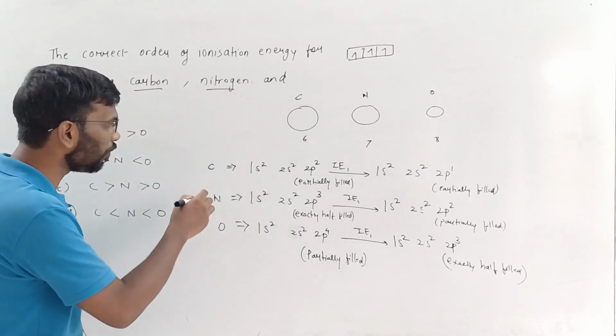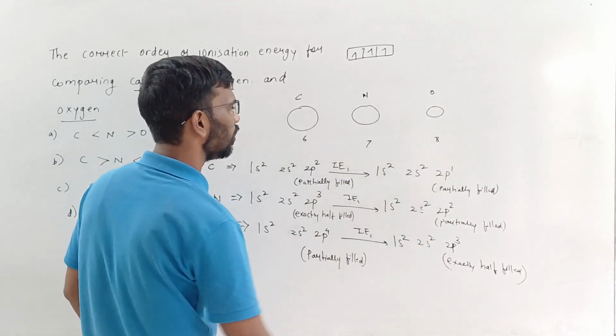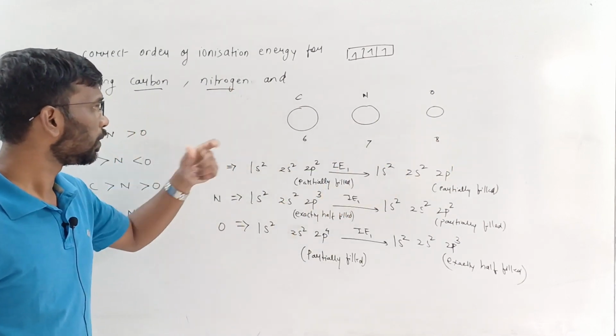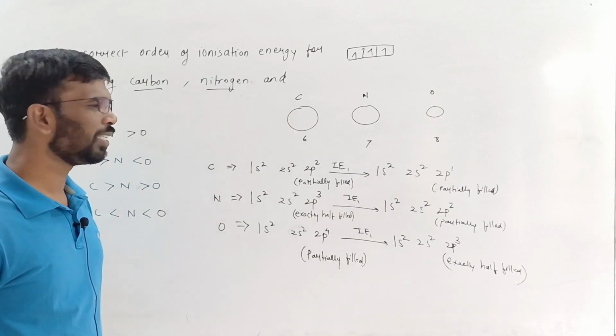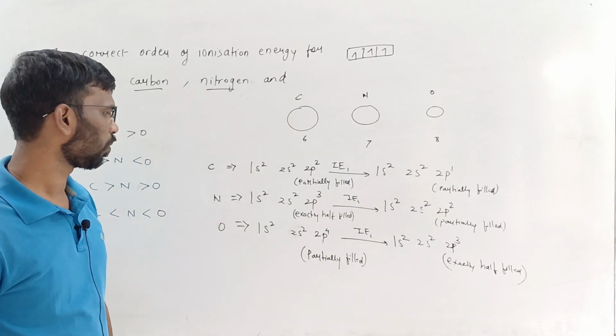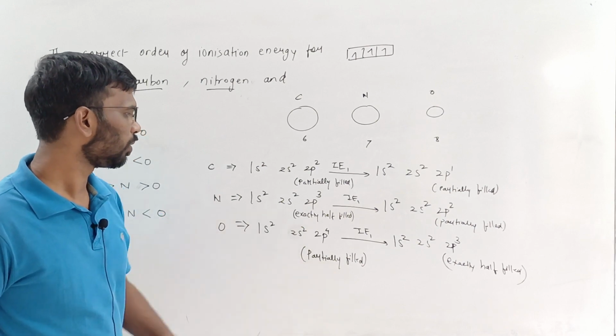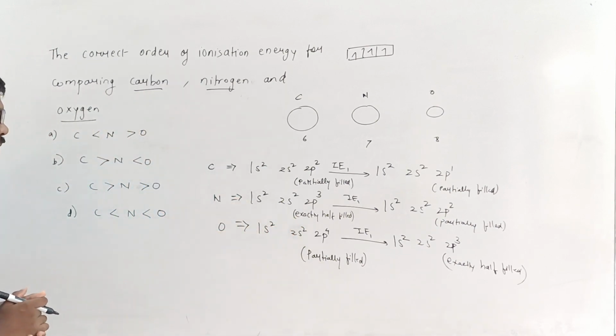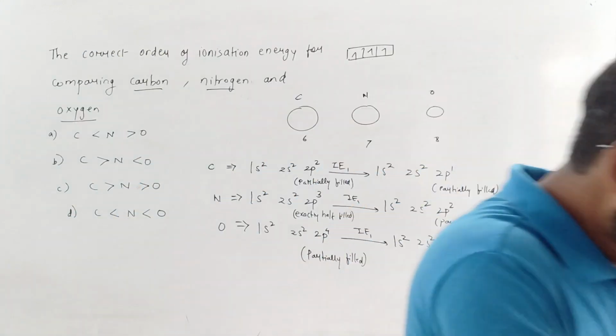If I ask you, this is partially filled, this is also partially filled. One reason this is easy is because the size of the carbon is bigger. So what would be the options?